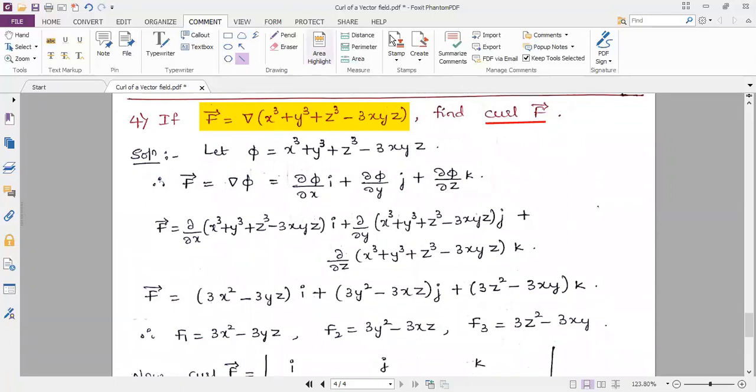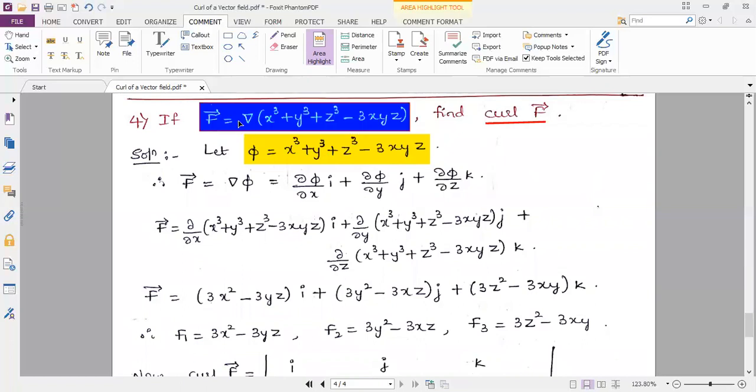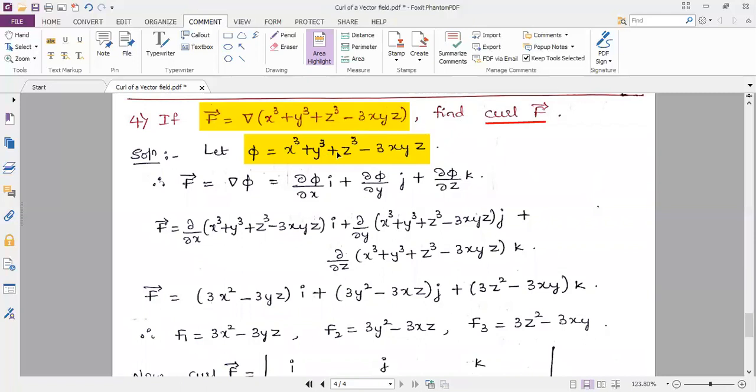Let us assume first the scalar function phi as x cube plus y cube plus z cube minus 3xyz, so that the given vector f is now of the form vector f is equal to grad phi, gradient of phi.